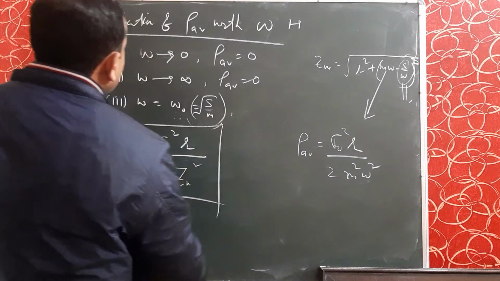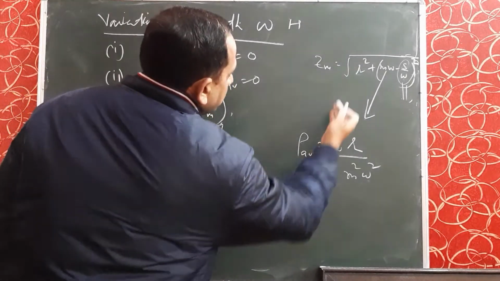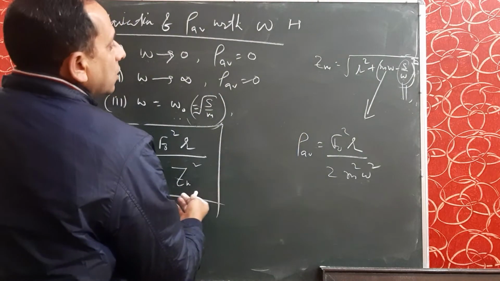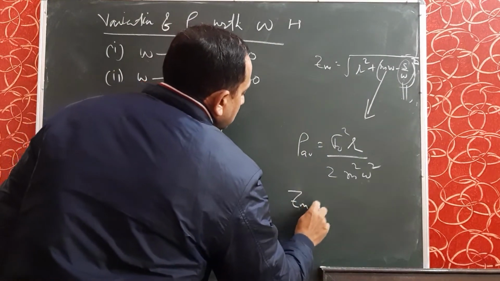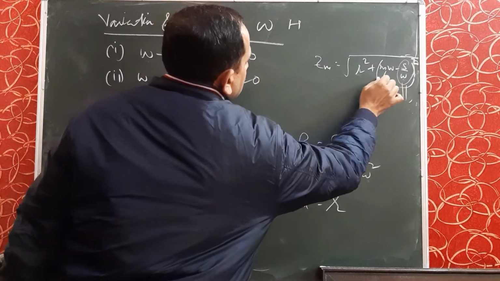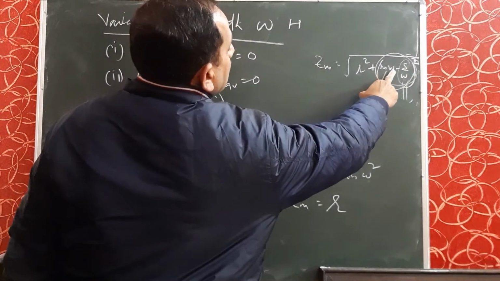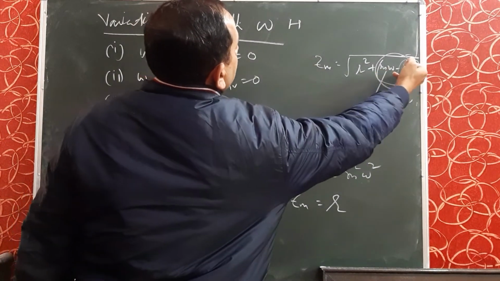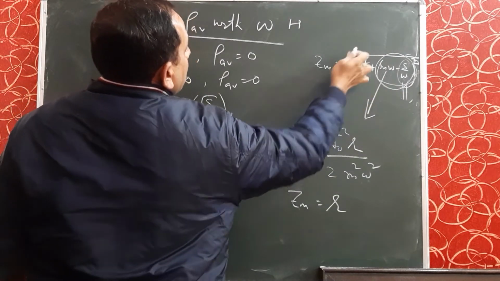And the third case, when omega tends to omega naught. When we put the value omega as omega naught, square root of s by m, then you will find that Zm becomes r, because this term will become 0: we put omega as s by m under root here, and ultimately they will cancel and the remaining term is r square under root, that is r.